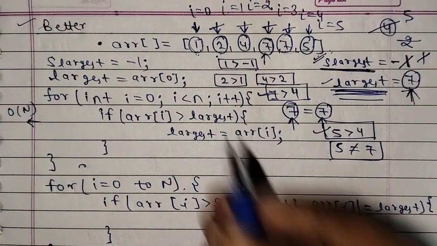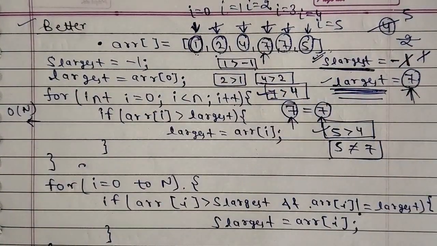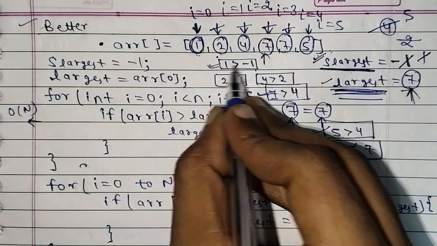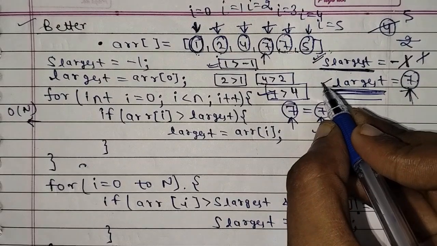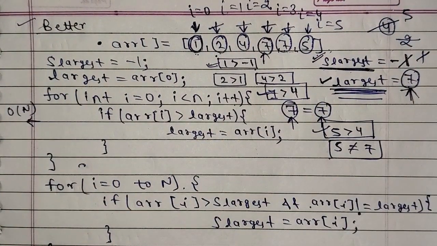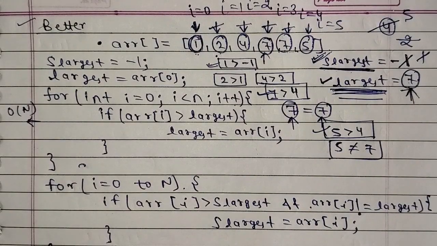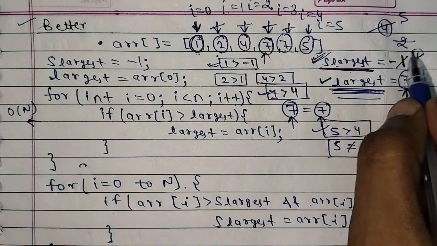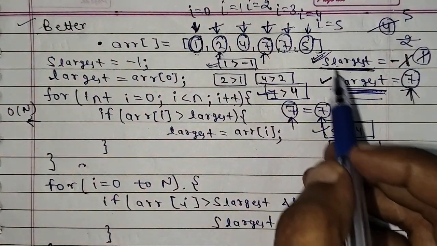Hey, are you greater than second largest? He said yes, I am greater than second largest. One is always greater than -1, so I am greater than second largest. At the same time you compare with second largest and largest. Hey, are you not equal to largest? He said yes, I am not equal to largest. So update yourself. So second largest becomes 1, and then further we compare the next element with second largest.